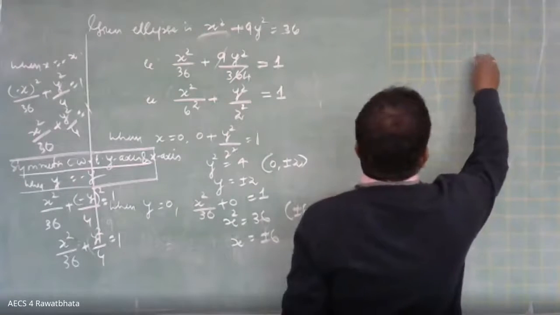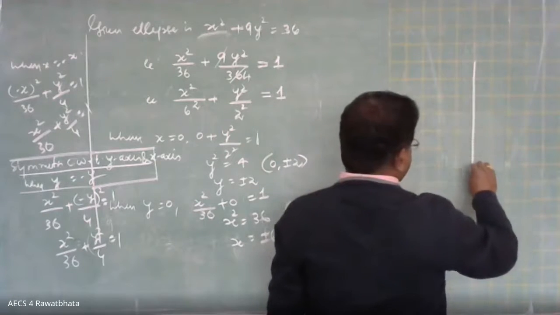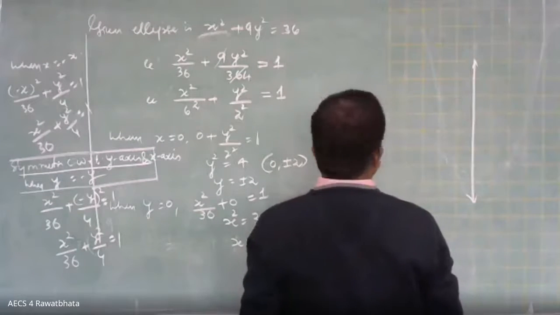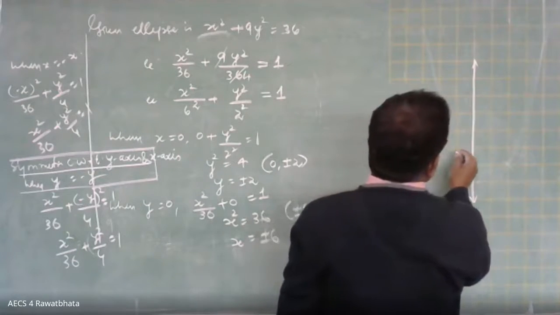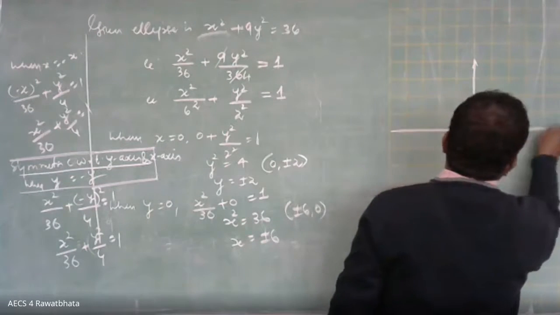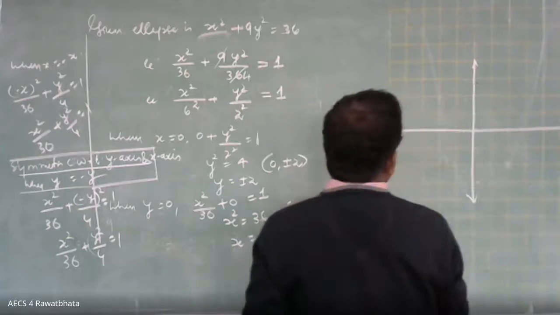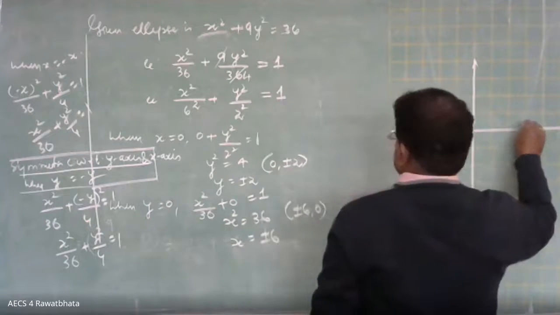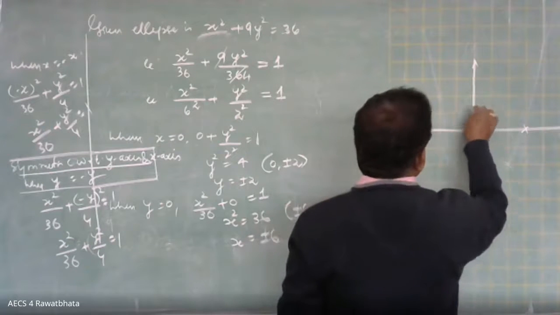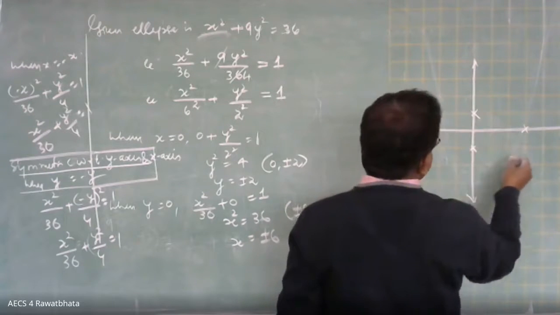So these points make it easy to draw the graph. Draw the x-axis and y-axis. Here are 6, minus 6, and here 2 and minus 2.